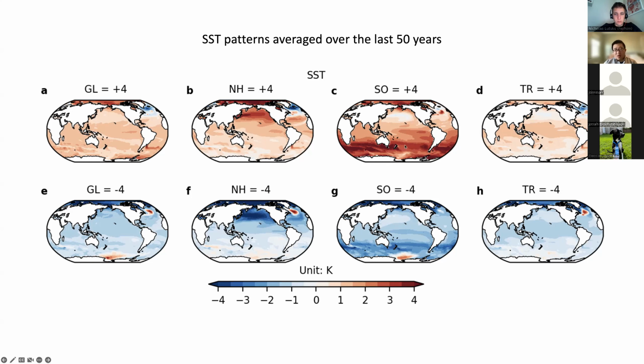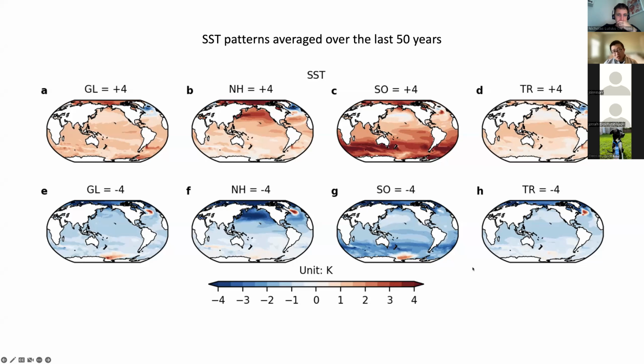So this pattern does suggest that there are strong connections between the Southern Ocean and the ocean in the tropics. This has been previously reported in experiments such as pacemaker experiments. In comparison, if you look at the tropical case, you see the signals are much weaker, even though it shows an overall warming pattern.